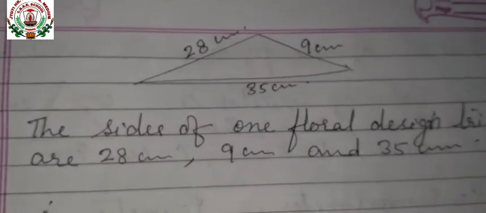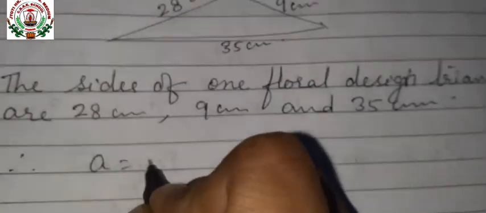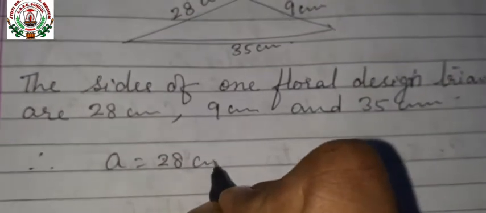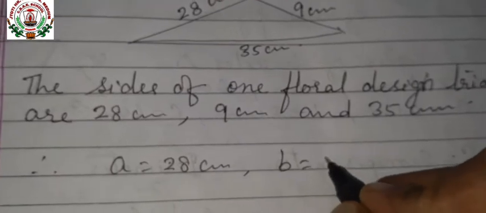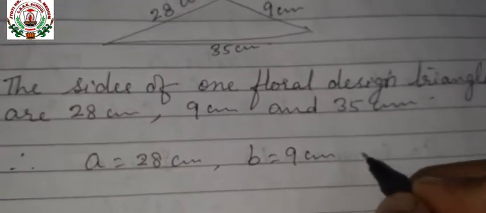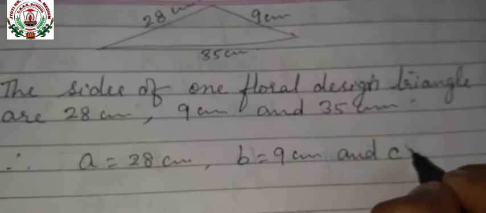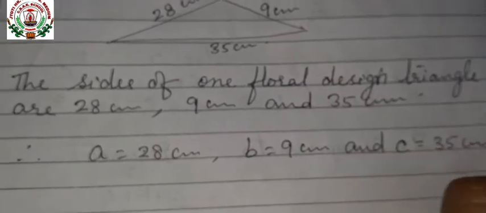Therefore A equals 28 cm, B equals 9 cm and C equals 35 cm.